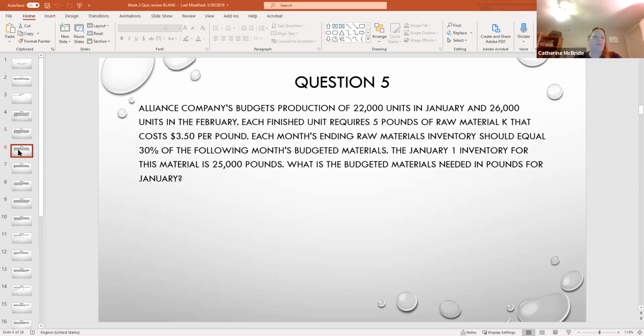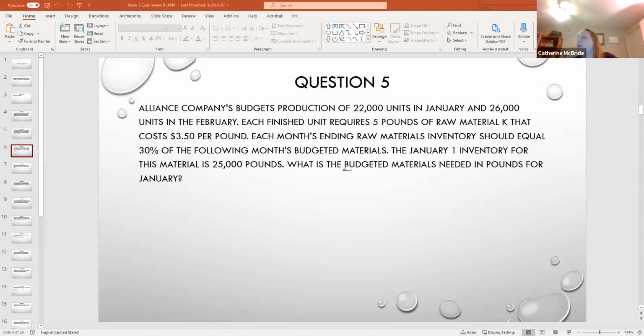All right, number 5. Same thing. So here we're figuring out the budgeted materials needed in pounds for January. So when we do this, we know that we're going to need January and February.